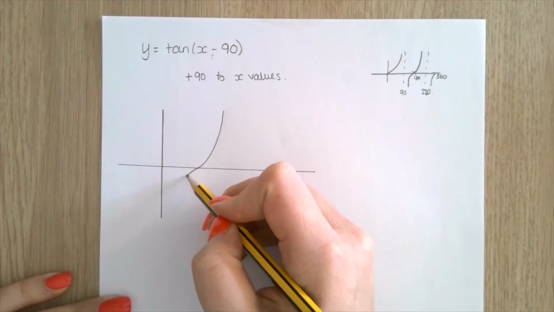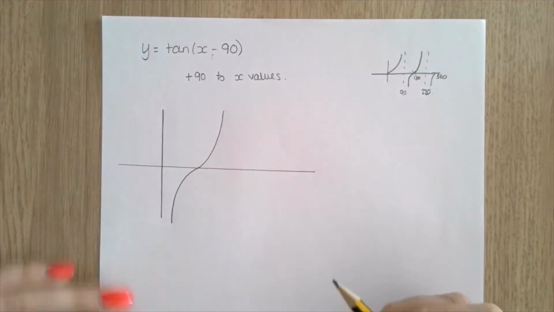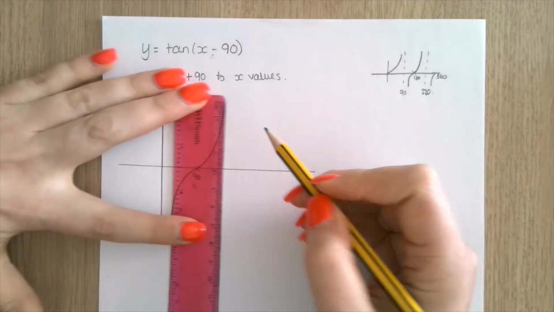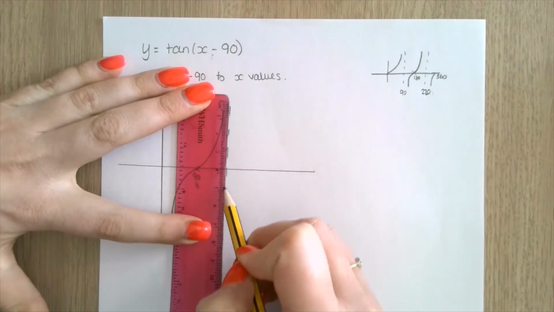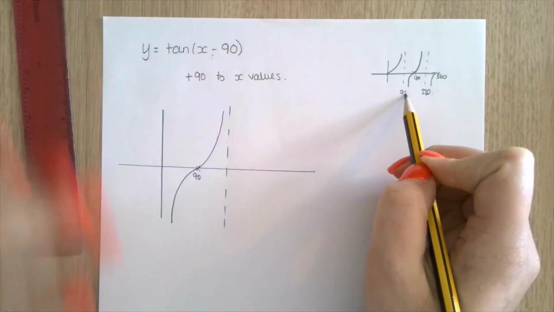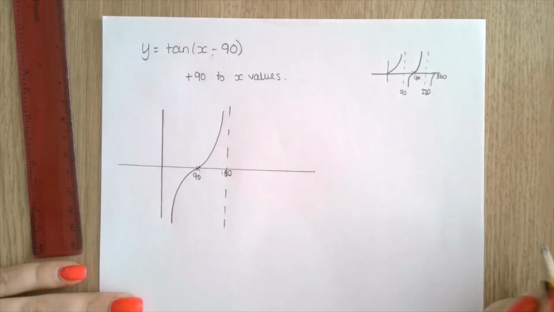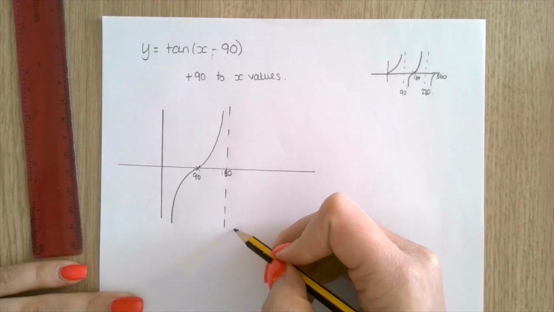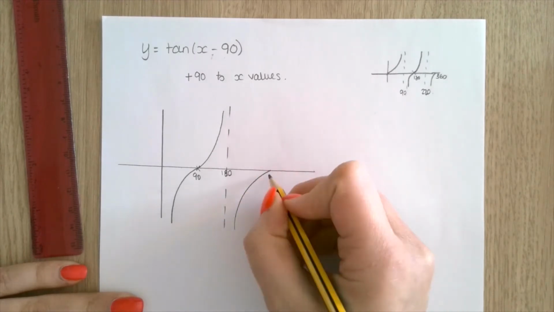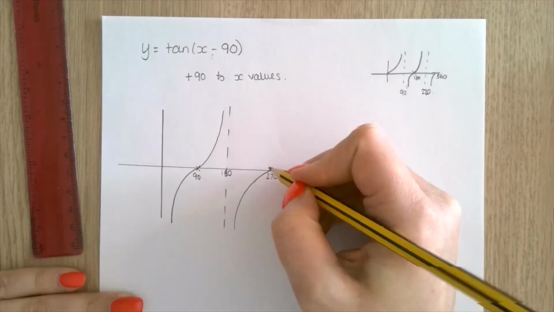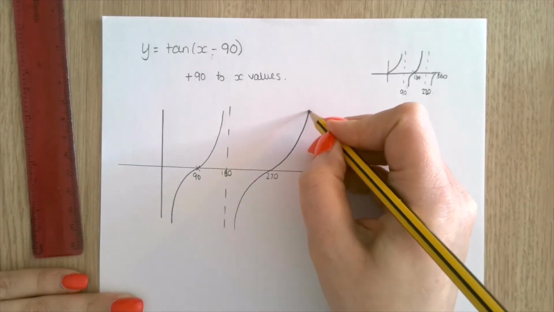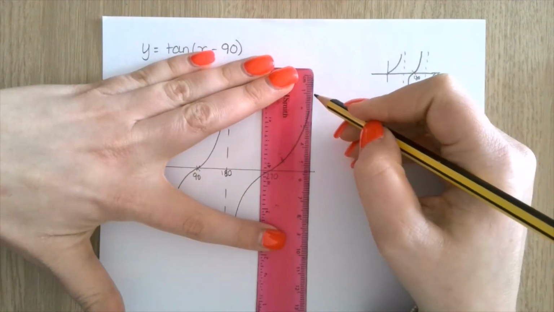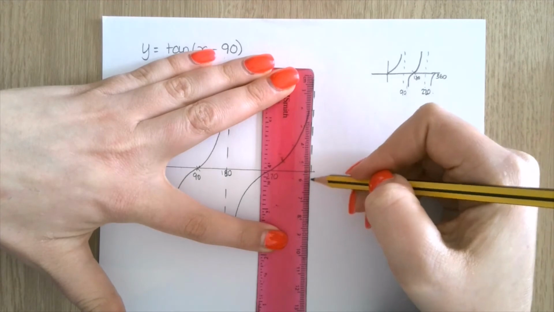It's actually going to continue down like that. So this point here is 90 degrees. My asymptote, which would have been at 90 degrees, is now at 180 degrees. This point here, which would have finished at 180 degrees, will actually finish at 270 degrees, and it will continue up in this shape where the asymptote, which would have been at 270 degrees, is now at 360.